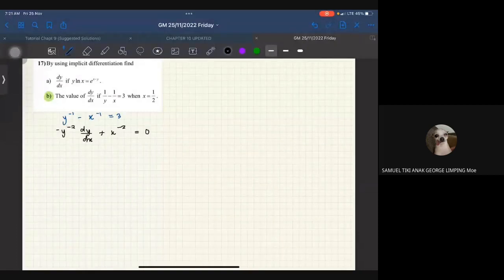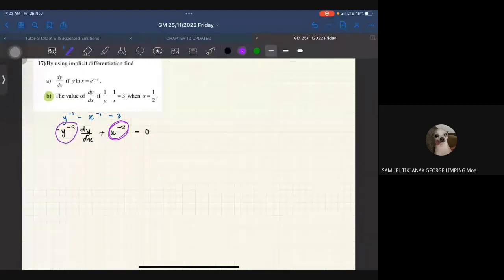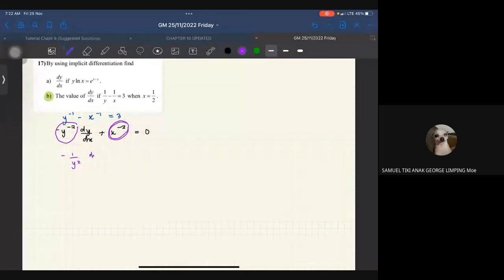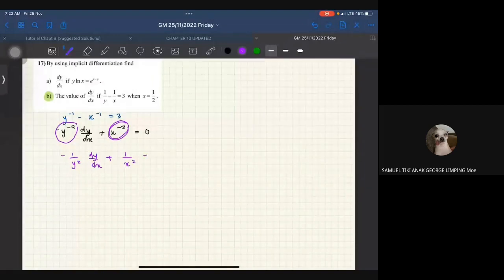Okay. So lagi satu, kalau nak mudahkan lagi, awak boleh tukar balik yang ini. You change this one first into power positive. So macam mana nak jadikan dia power positive? Dia kena bertukar kembali menjadi fraction. Okay, so apa yang saya dapat dekat sini is negative 1 over y squared, and then dy/dx, plus 1 over x squared equals to 0.